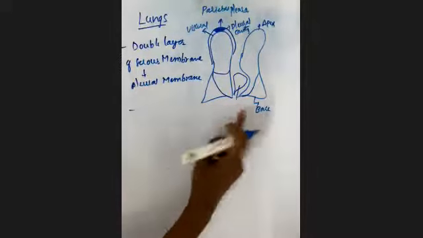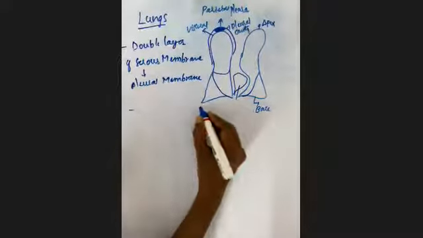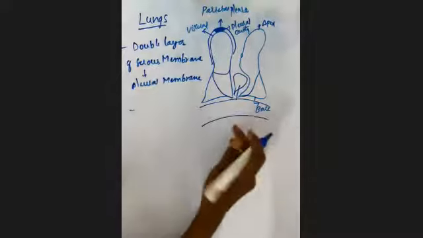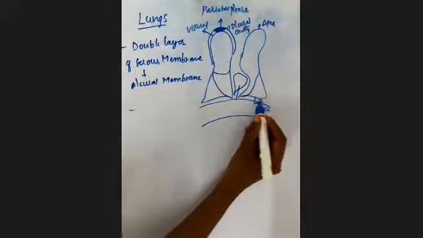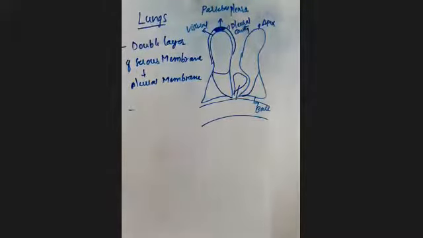The inferior part forms the base and fits onto the diaphragm. The superior portion of the lung is called the apex.